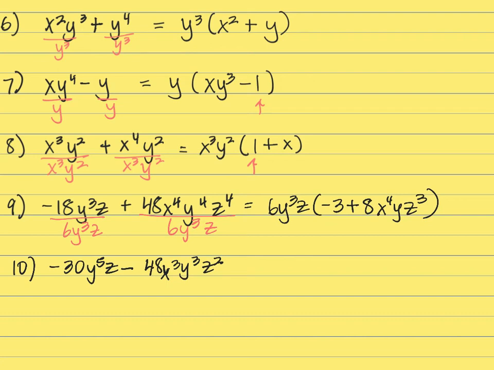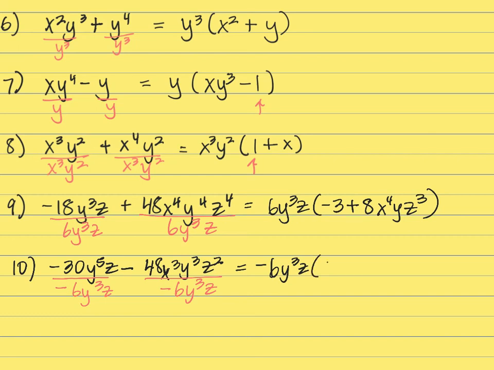Let's do it. Okay, so what do they have in common? This one does have a negative with both, so I'm going to take the negative out. This would be negative 6y to the 3rd z. Yeah, it's funny that's the same GCF. Okay, so this would be a negative 6y to the 3rd z. And then what would be left over?